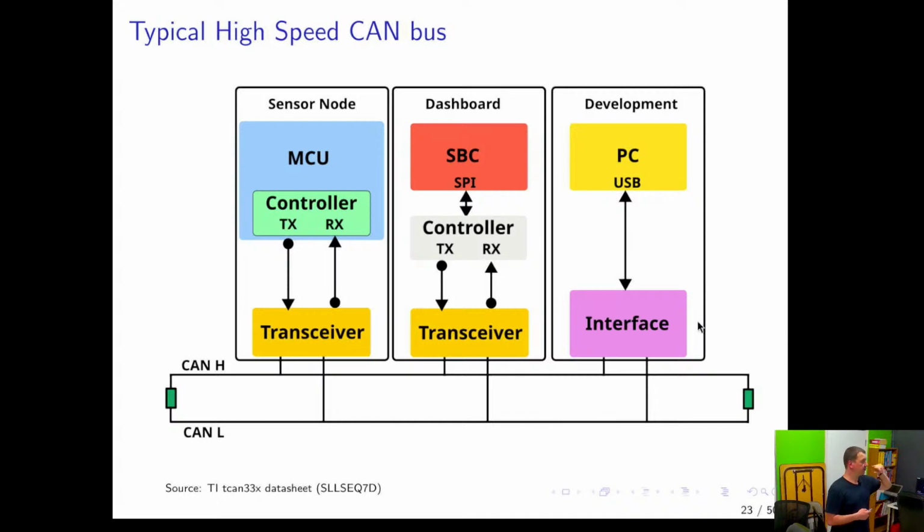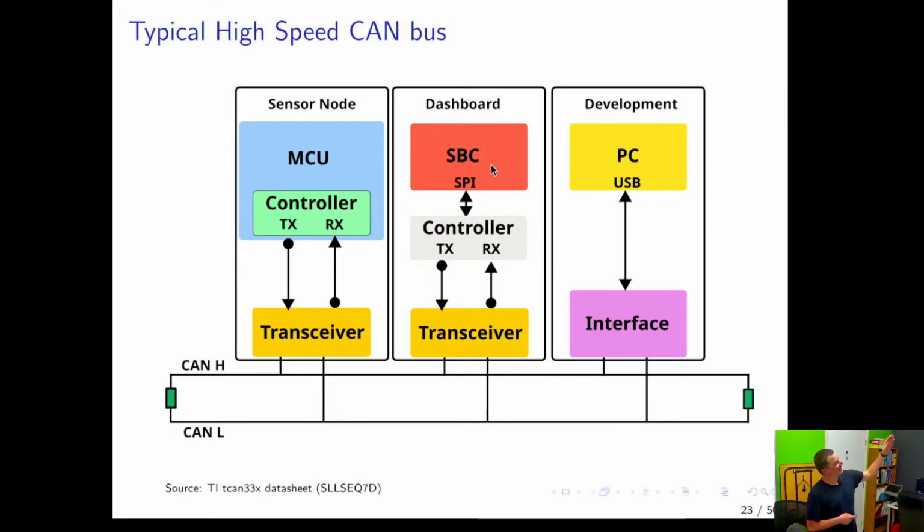And then here we have 3 nodes. There's 3 kinds of ways to really connect this. If you have a microcontroller or something with a built-in CAN controller, then you just slap a transceiver on it, write some software and go.